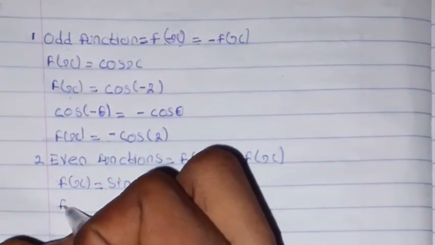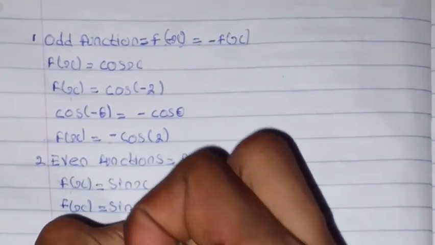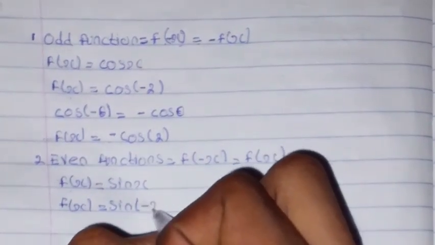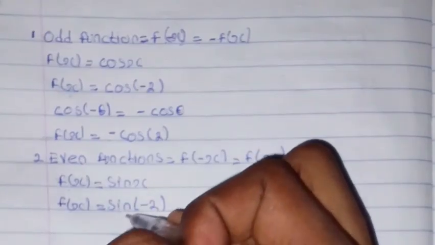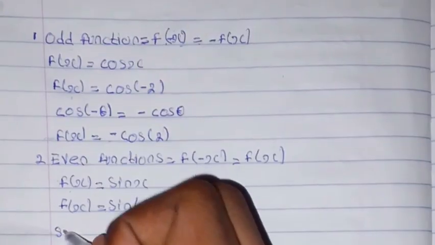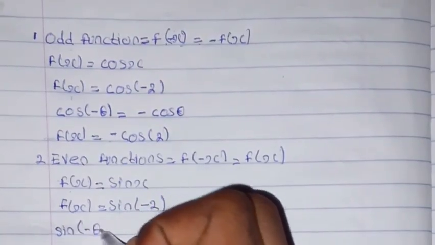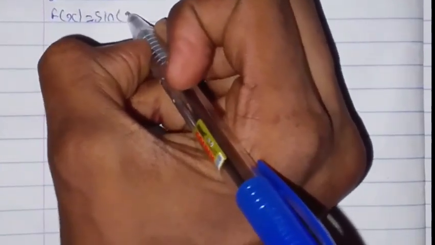So we have f of x equal to sine of minus 2. If we take the sine value of minus 2, you are going to get sine 2. Why? Because generally sine of minus theta is equivalent to sine theta. So f of x is equal to sine of 2 degrees, and this becomes our answer. So these are odd and even functions explained.